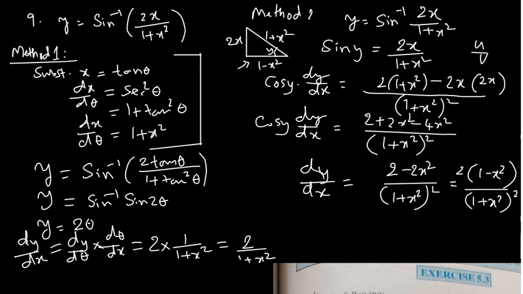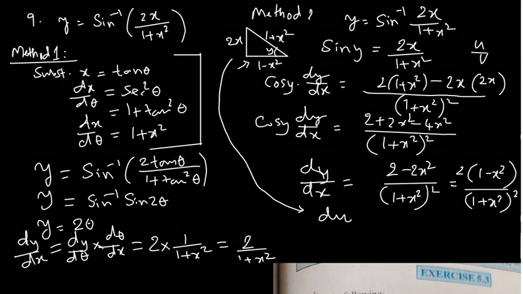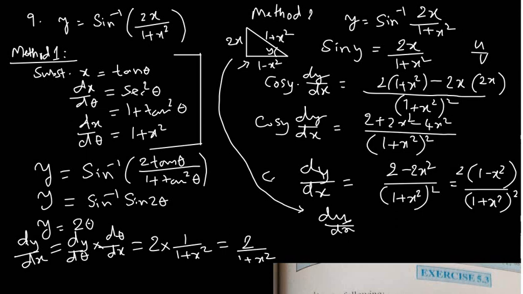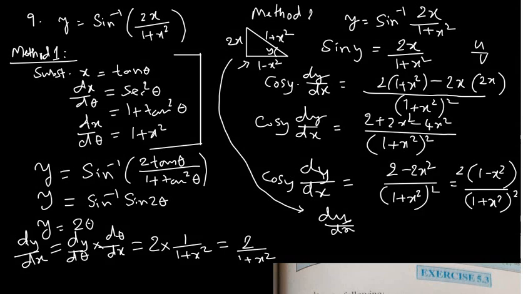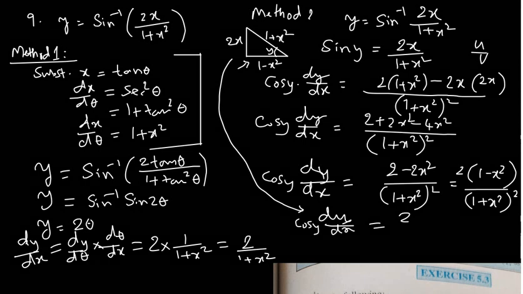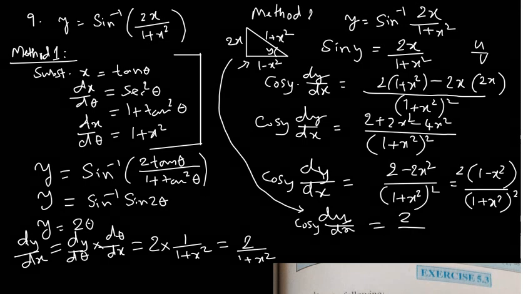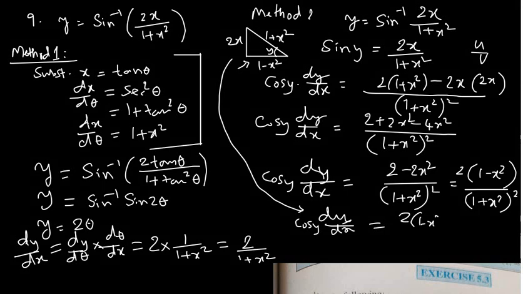So based on this, we will write now dy by dx. Sorry, here we have cos y also, right? Cos y into dy by dx. So cos y into dy by dx equal to, the right side will be 2 into 1 minus x square divided by 1 plus x square, into 1 by 1 plus x square.